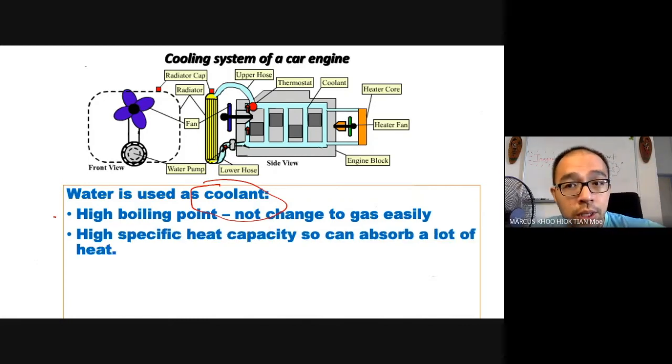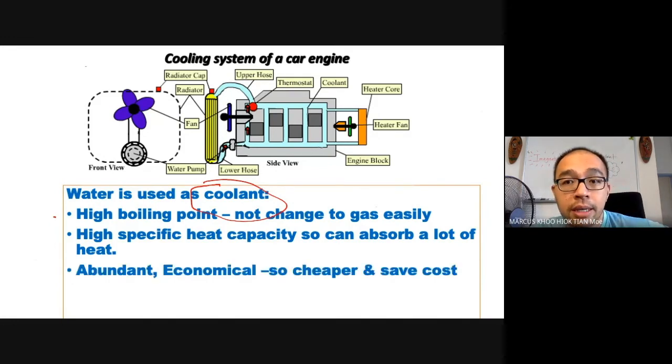Number two, it has a high specific heat capacity, so that it can absorb a lot of heat without getting hotter. And number three, it is abundant and economical. You can find water anywhere, unless you're at a place where there is water rationing, but generally it's cheap, so it saves cost.